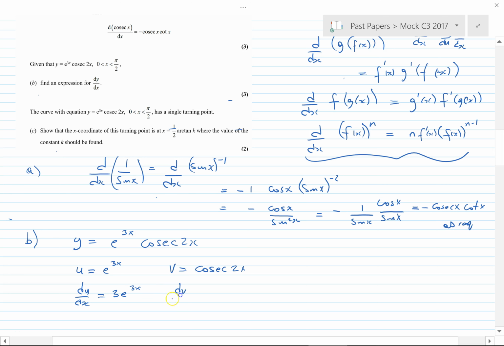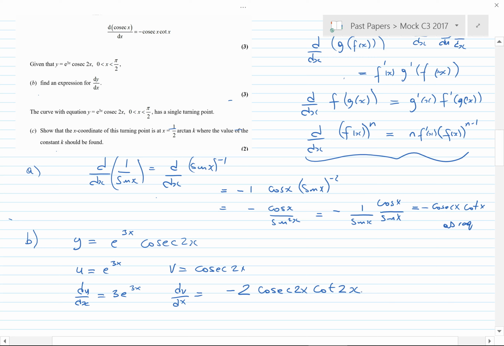And dv by dx, this is where, mistake alert, a lot of people missed out this 2 there because it's cosec 2x. Almost just pulled down the thing above and completely forgot that the actual 2 would actually have an effect. So that's that.